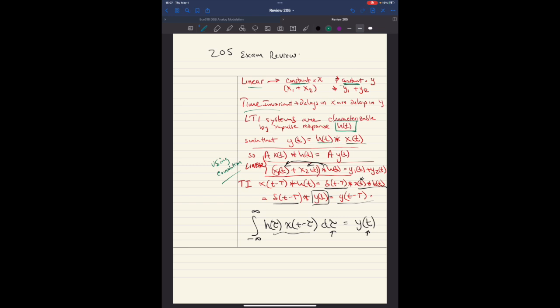Using convolution, we can describe linearity and time invariance. Linearity essentially boils down to I have a constant multiplied to an input. That constant is just going to fly through at the end. I can just do my convolution and we're good to go.